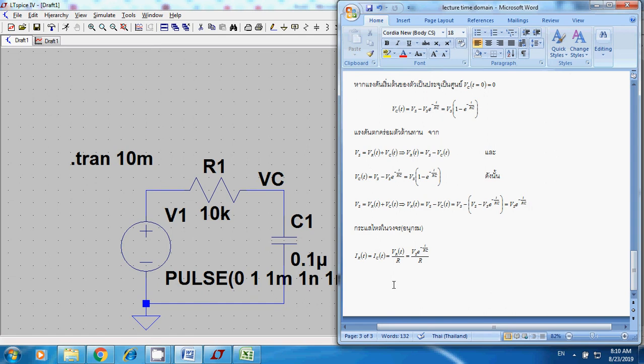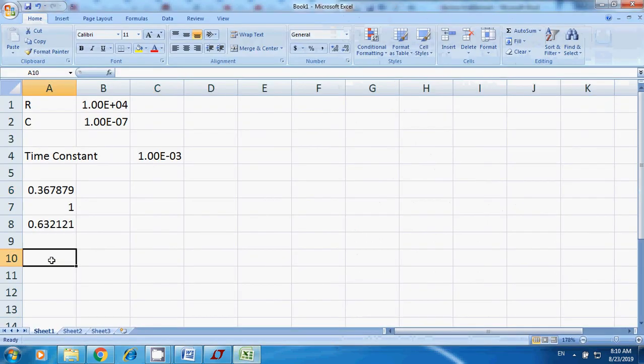R is equal to 10k, Vs equal to 1. So that gives 1 times 10 to the power negative 4 amps, or simply 0.1 milliamp, right?